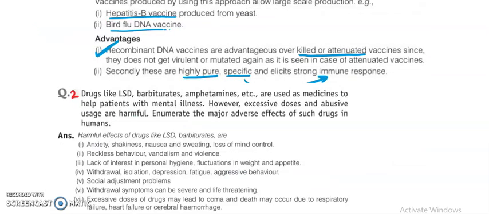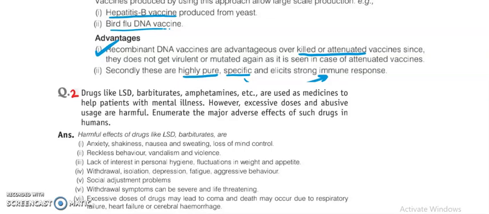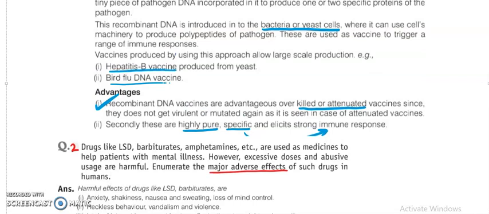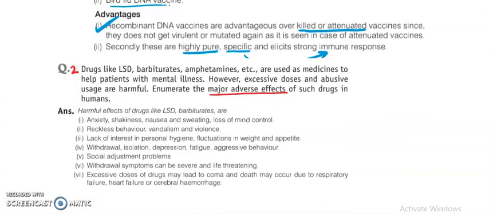This question I have picked along with the answer so that you can pick up the keywords. Drugs like LSD, barbiturates, amphetamines are used as medicines to help patients with mental illness. However, excessive doses and abusive usage are harmful. Enumerate the major adverse effects of such drugs in humans.